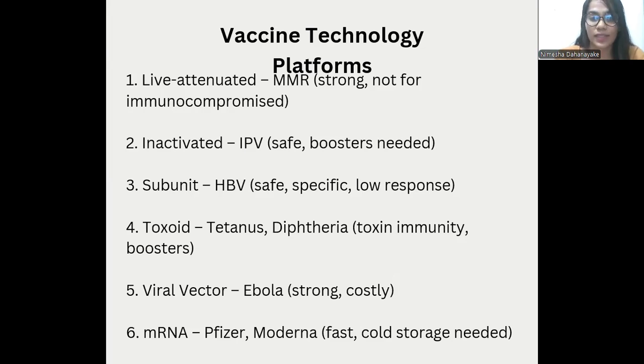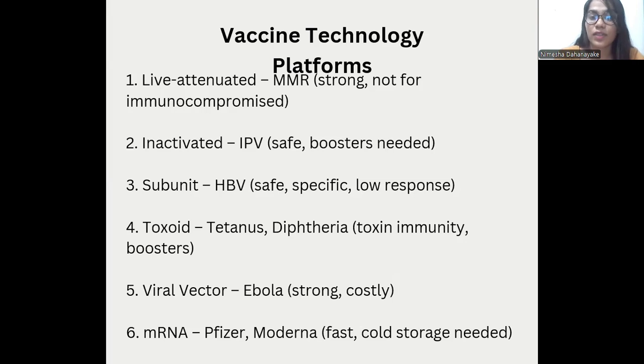Viral vector vaccines. These use a harmless virus to deliver instructions to our cells. They give a strong response but can be costly. The Ebola vaccine is one example. mRNA vaccines.